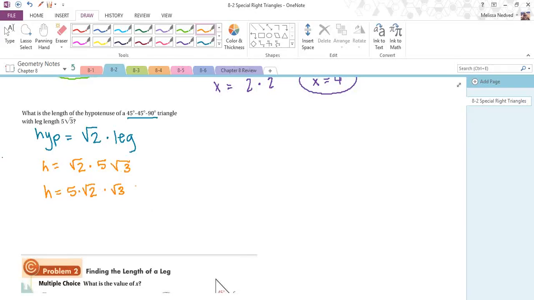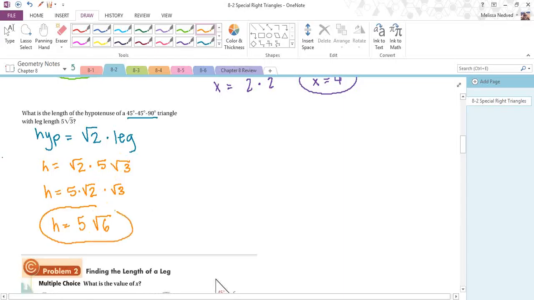Meaning, when I'm multiplying two radicals together, I can actually multiply the values underneath those radicals and combine them. So in one last step, I can combine square root of 2 times square root of 3 to actually be the square root of 6. 2 times 3 is 6. We can multiply radicals. And then don't forget about that 5 out front. So my final answer is that my hypotenuse has a length of 5 root 6.